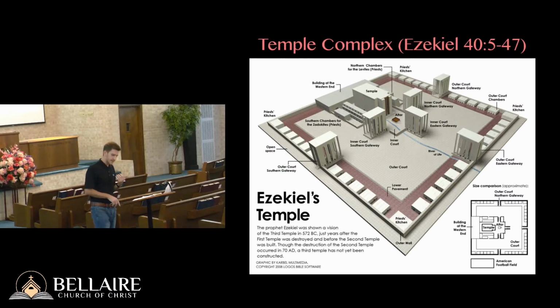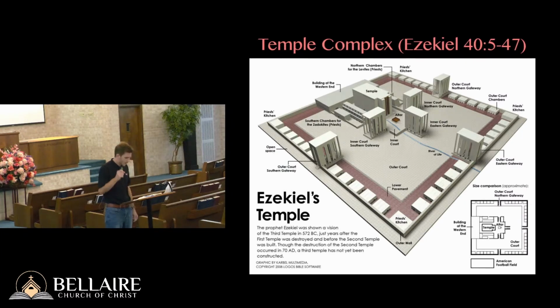There are more windows in those entrance houses, and there are more palm trees in the jambs of those entrances as well. And then in verses 38 to 43, we read about chambers. So we'll read a little bit here. Verse 38: there was a chamber with its door in the vestibule of the gate. Now we're on the inner gates here. So more vestibules there.